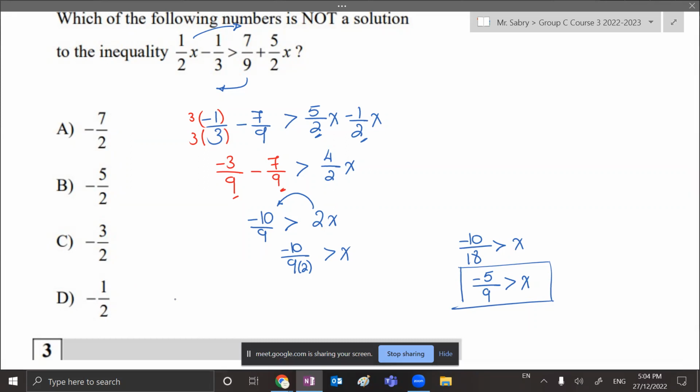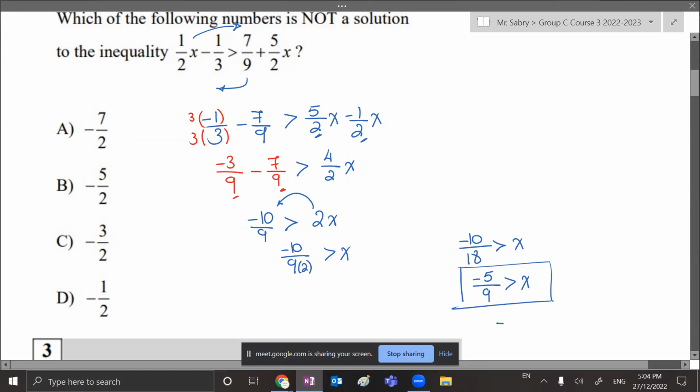-5 over 9 is equivalent to -0.555. So x is supposed to be less than -0.55. The -7 over 2 will become -3.5. Is this less than -0.55? Yes, it is.